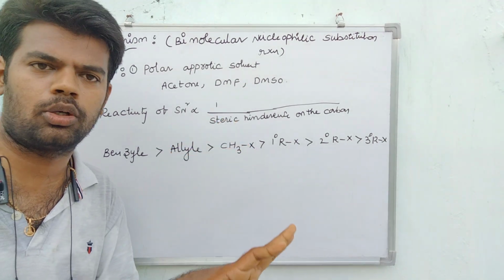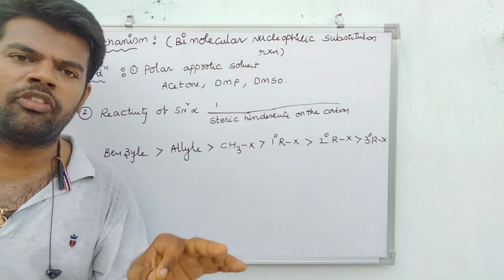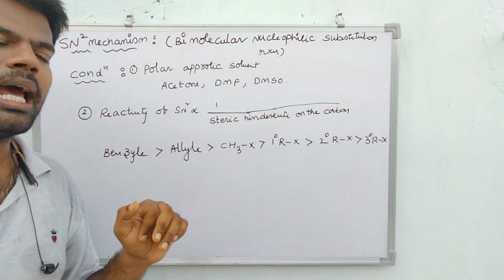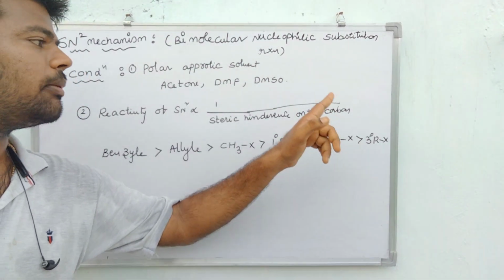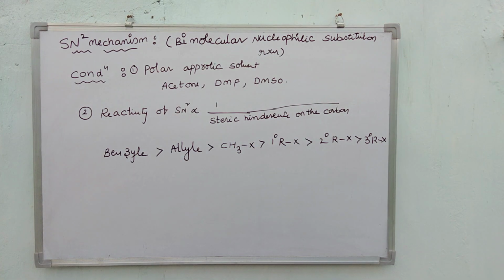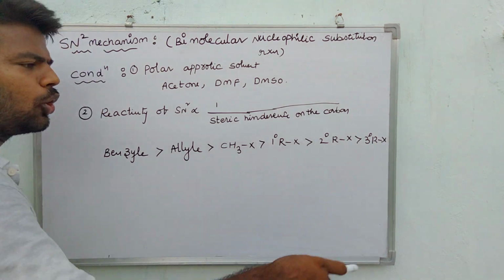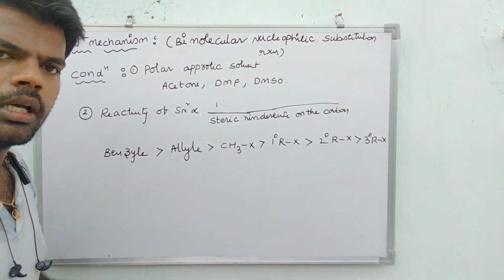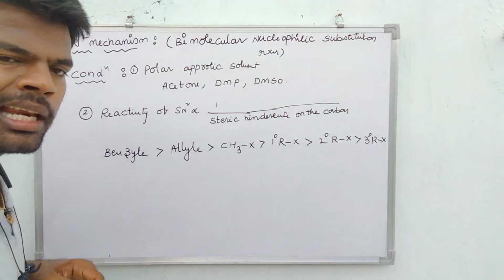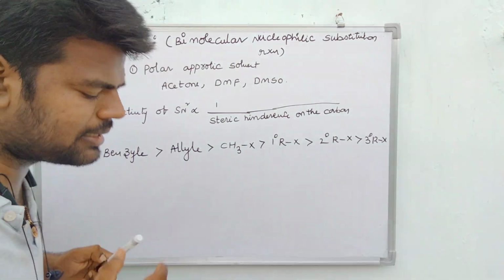Later it becomes a primary alkyl halide, then a secondary alkyl halide, then a tertiary alkyl halide. We know that tertiary alkyl halides undergo SN2 with very low reactivity.